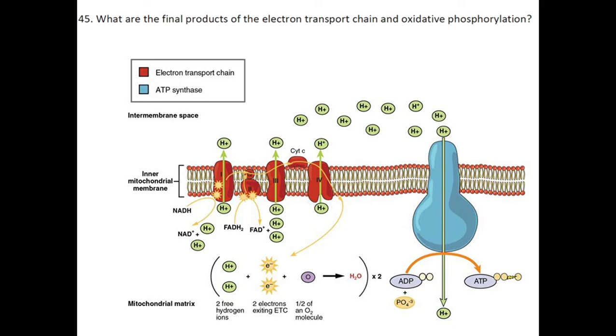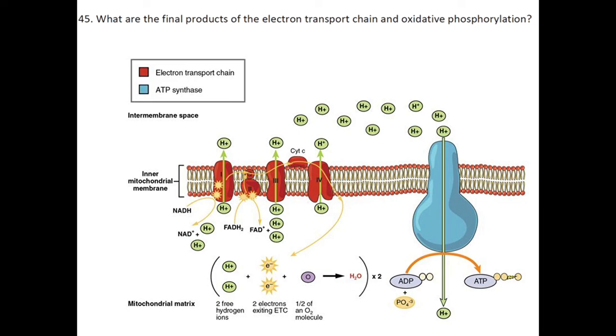When the H+ goes through this giant molecule, this blue molecule will rotate and squeeze ADP and phosphate, and then make one ATP. So it is totally mechanical. When it rotates, it changes ADP and phosphate to ATP. This is how we generate ATP.